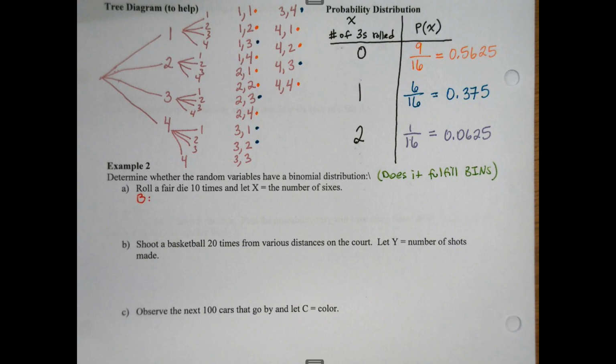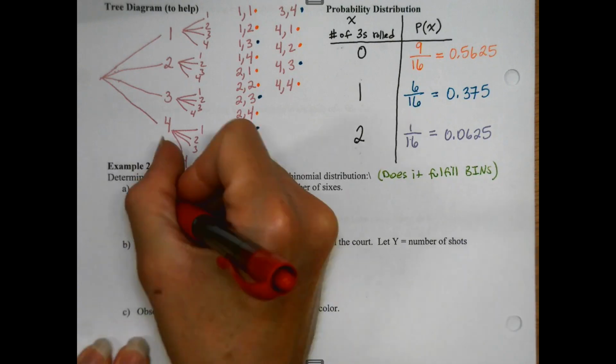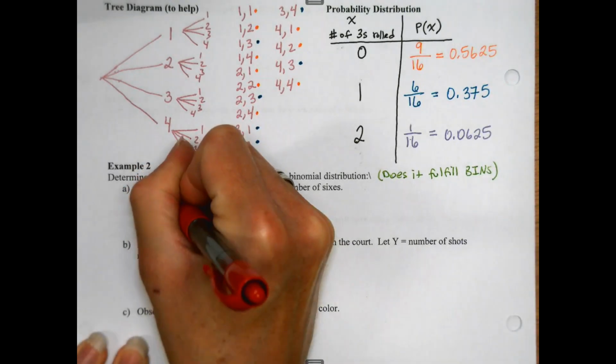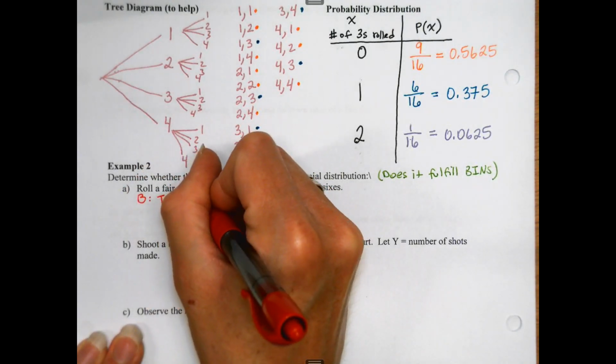Here we are rolling a fair die 10 times, and X is the number of 6s that are rolled. Well, we are going to have 2 outcomes. It's either going to be a 6 or it's not going to be a 6.